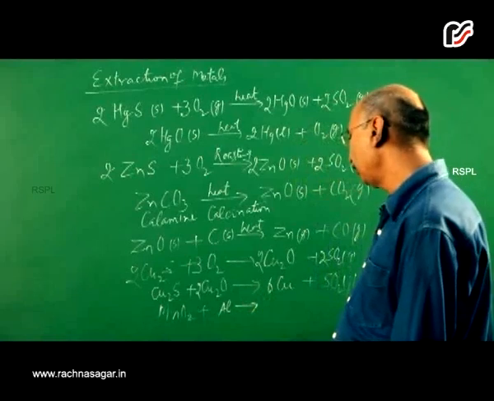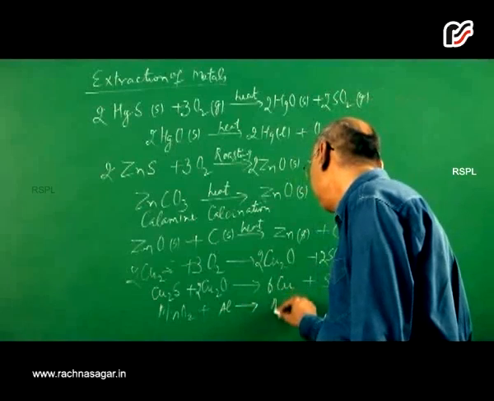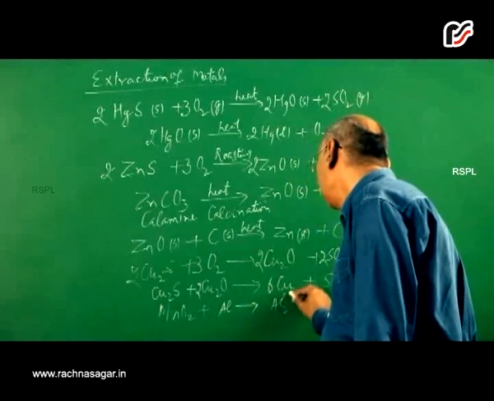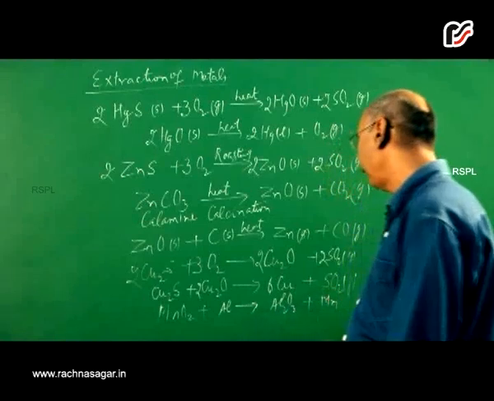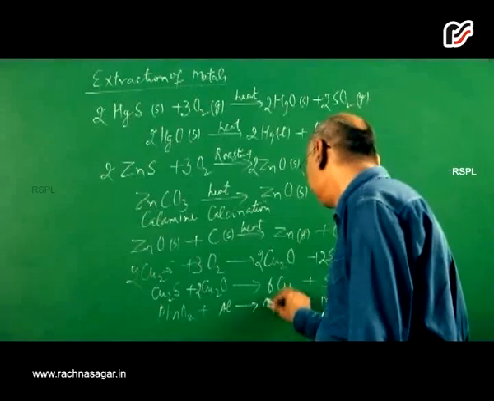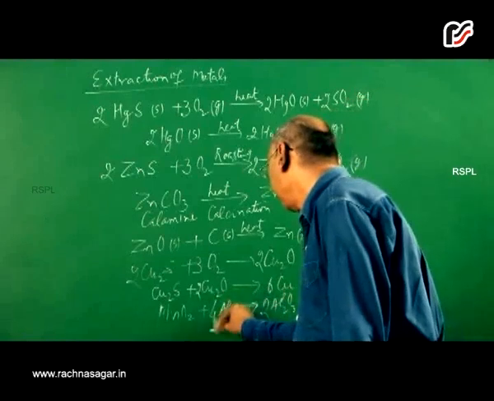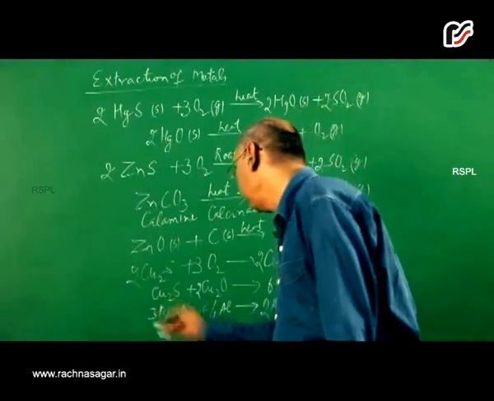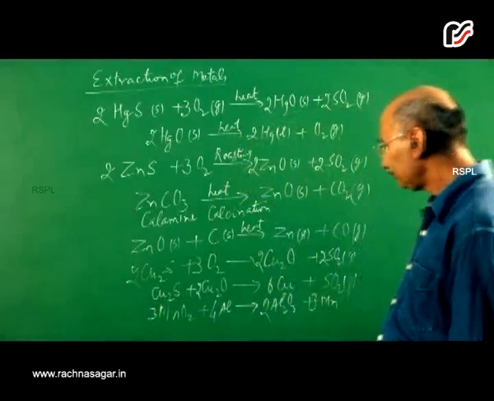For example, if we want to extract manganese, we have to use aluminium as reducing agent. It will result in the formation of Al2O3 plus manganese. To balance it, we have to take 2 moles of Al2O3, it will be 4Al, here it will be 3MnO2 and 3Mn will be formed.